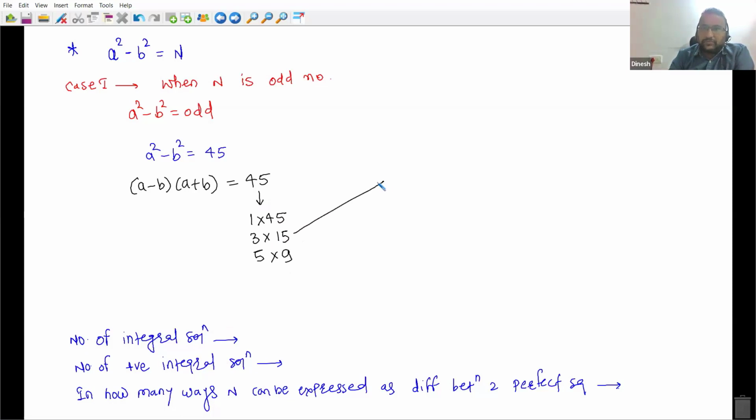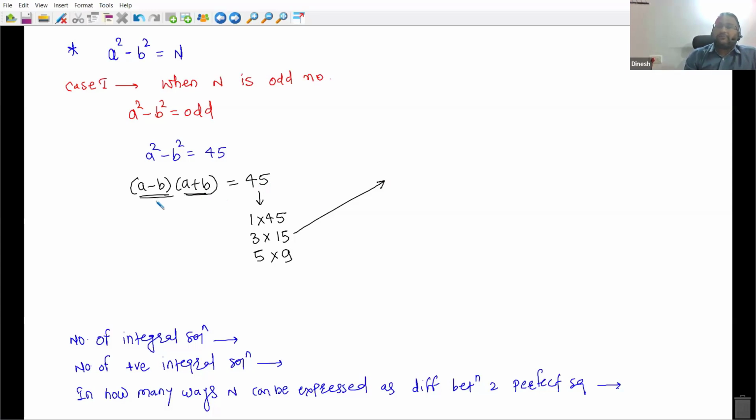Let's deal with this pair, everyone. I will show you what we mean by number of solutions over here, and how we get the solution. First of all, tell me, the product of these two brackets is equal to 45, an odd number.